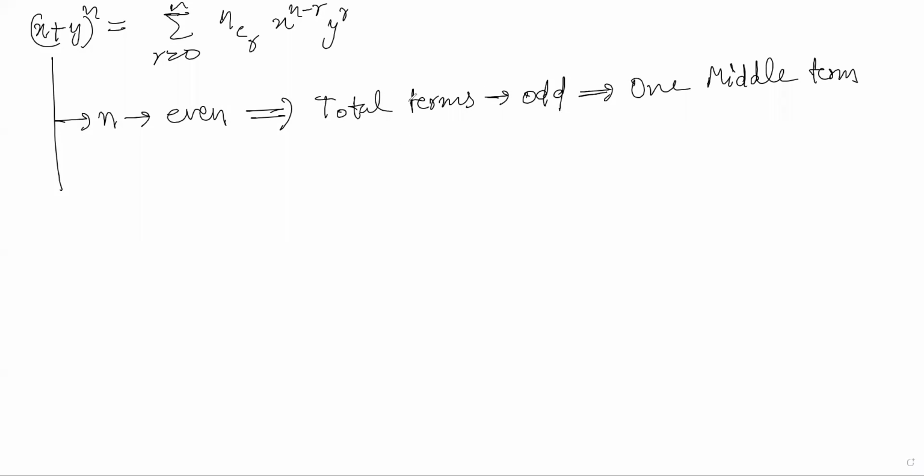And if the total number of terms is odd, there will be one middle term. And what will it be? Okay, now let's come to this part. (x plus y) to the whole power 4. In this case, 5 terms. And the third term was the middle term.